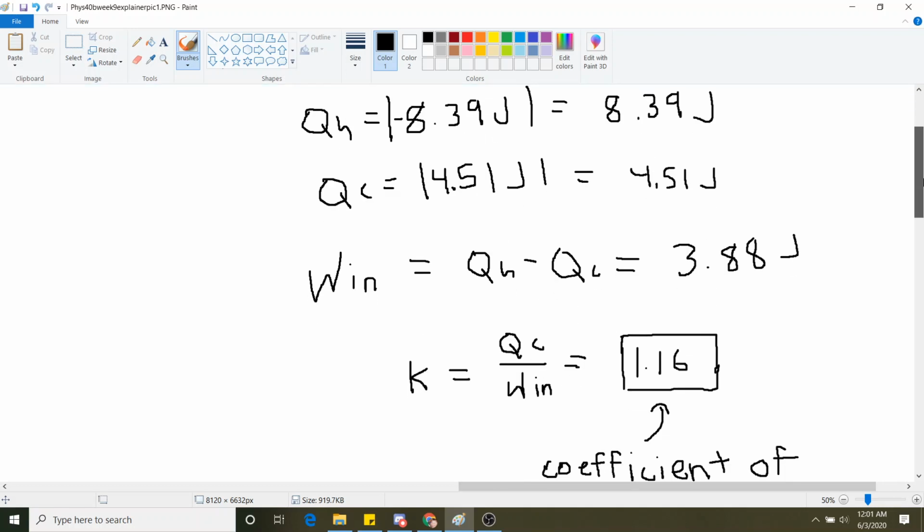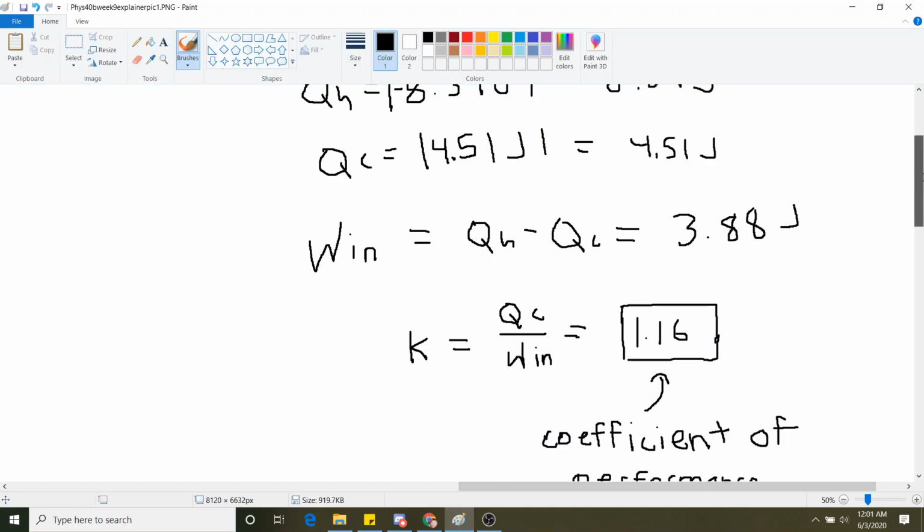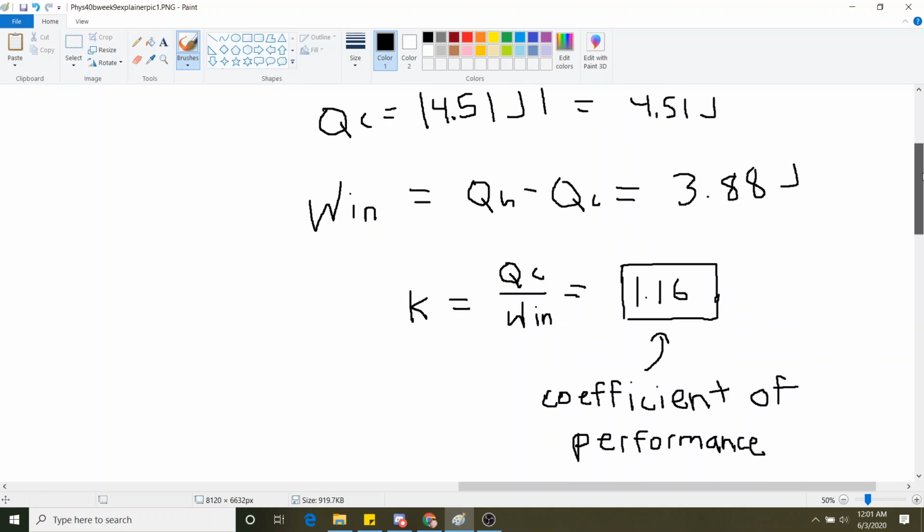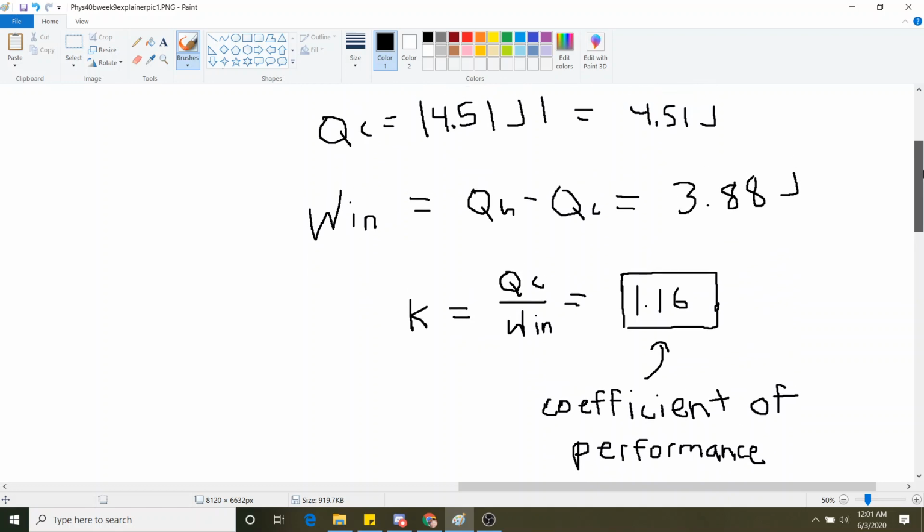As we know from earlier, the work in is going to be QH minus QC, so that's going to be 3.88 joules. And finally, for the coefficient of performance, we're going to need to put QC over the work that was put in, and that's going to be 4.51 over 3.88, and that's going to yield 1.16, and that's going to be our coefficient of performance.